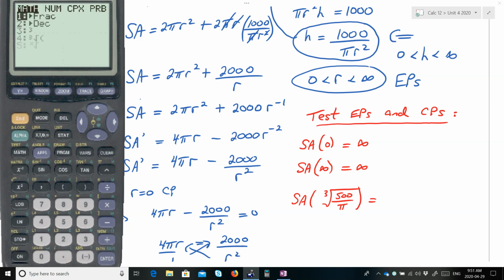The cube root of 500 divided by pi is 5.4.